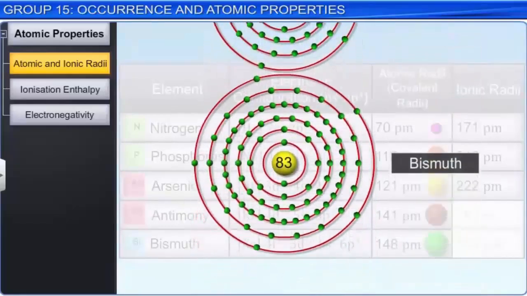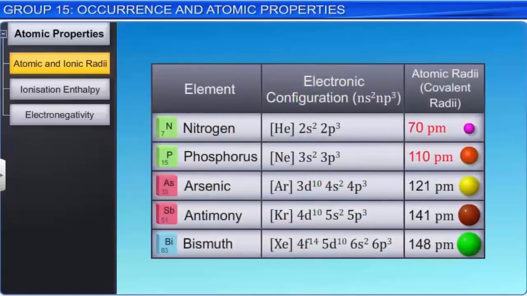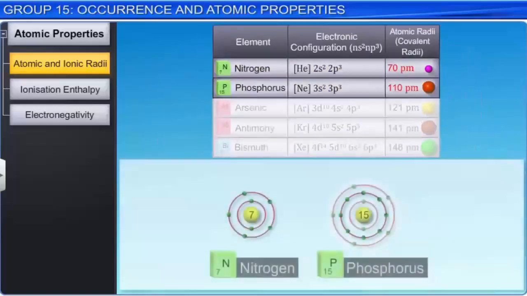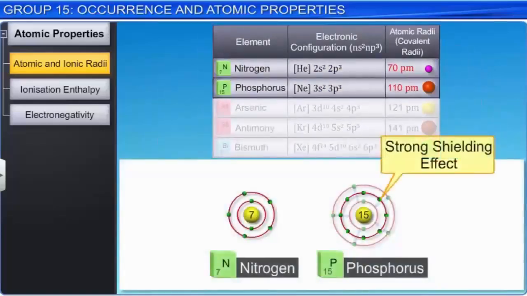There is a considerable increase in the covalent radius from nitrogen to phosphorus. This is due to the effective shielding of the s and p electrons present in the penultimate shell of phosphorus.